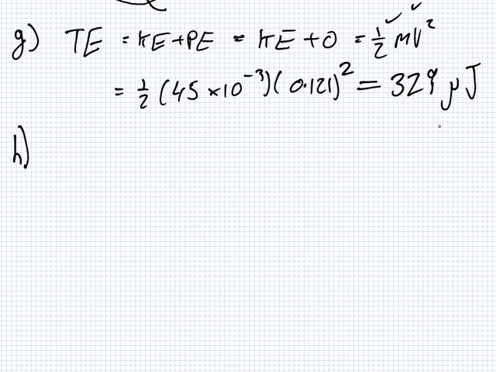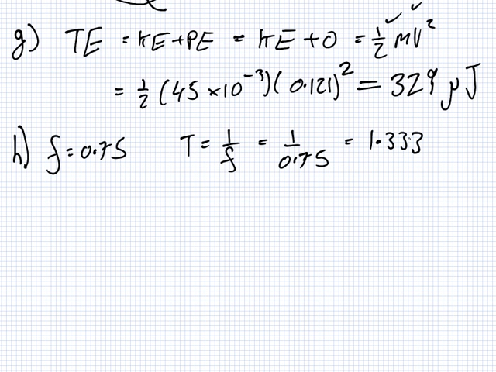Okay, so here the frequency is 0.75. That means the time, which equals 1 over the frequency, is equal to 1 over 0.75, which is 1.333. So that means 2 pi root L over g equals 1.333.